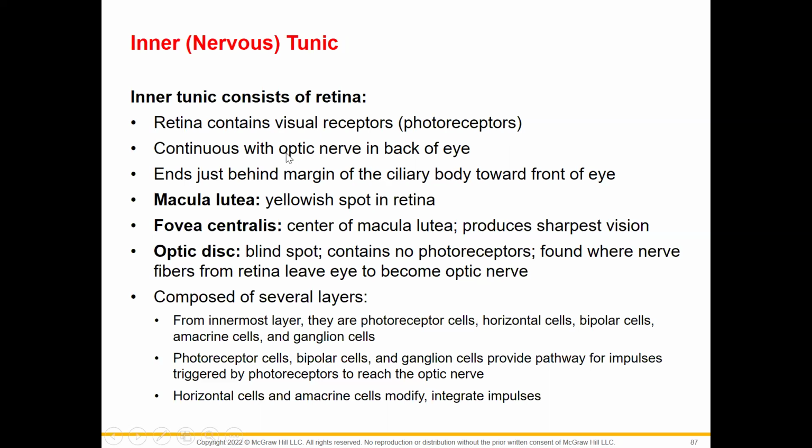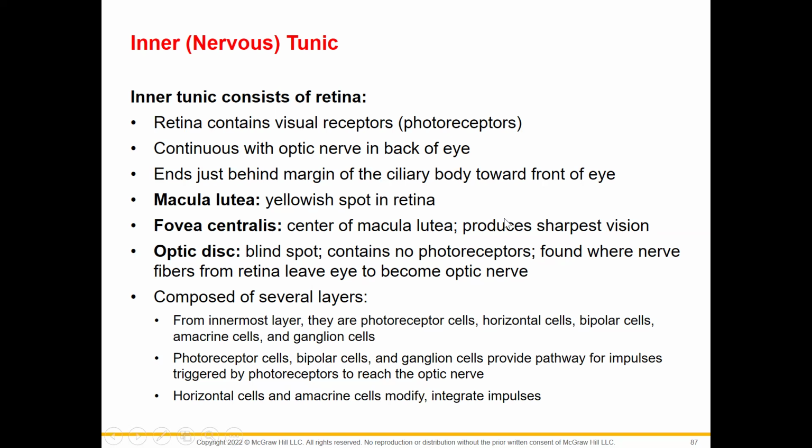In the retina, you have these structures: the macula lutea, which is a yellowish spot in the retina. The fovea centralis is the center of the macula lutea. This is the area that produces the sharpest vision.